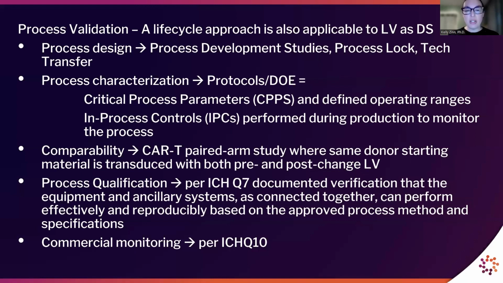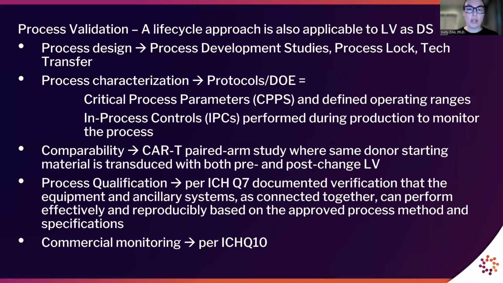Process characterization is protocol and design of experiment-driven studies to evaluate critical process parameters and in-process controls, such as raw material inputs, the impact of temperature, pH, and time of manufacturing and timing of hold steps, the parameters for clarification or sterilization steps, such as the filter material and pore size, evaluation of chromatography approaches to purification, looking at the range of TFF pressure and flow rates, or centrifugation times and speeds.